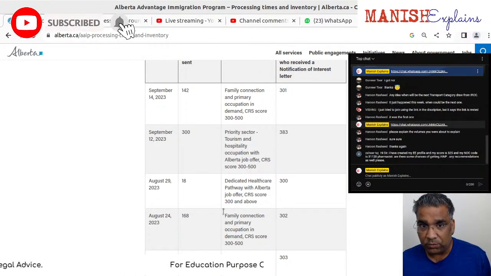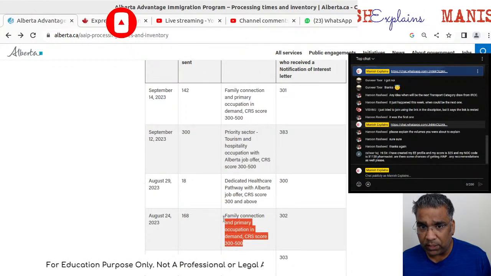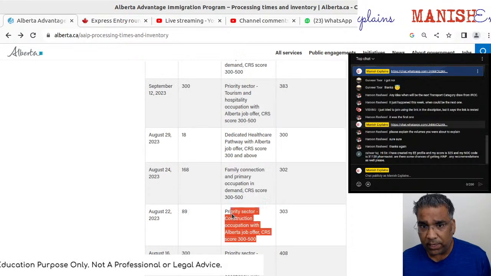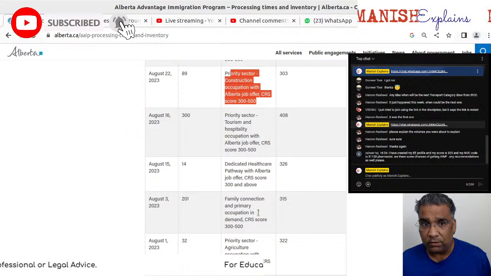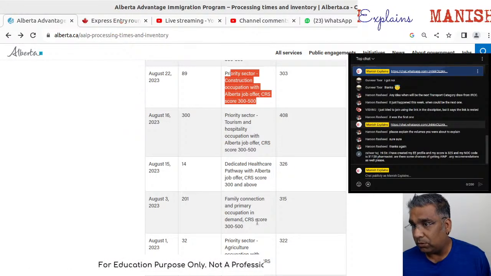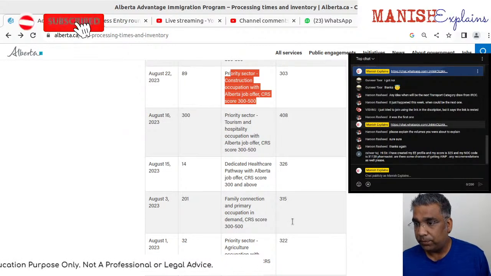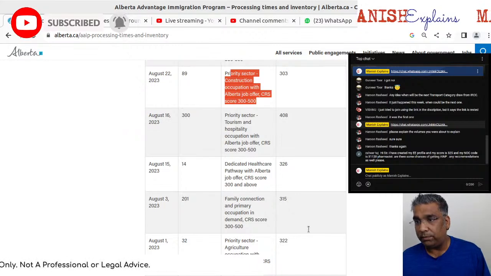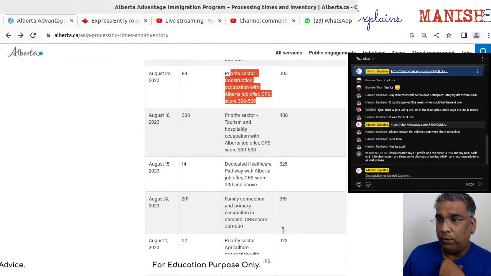They did a draw for healthcare on the 19th, but before that also I think family connection and priority sector looks like something that Alberta has been focusing on in the last few months. So I'm not sure if that helps you, but I wish you all the best, man. You should be able to get through what you want.